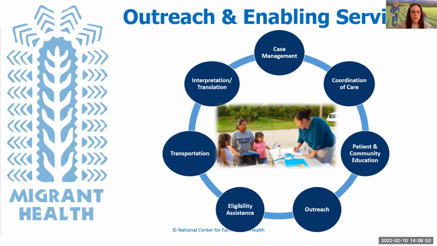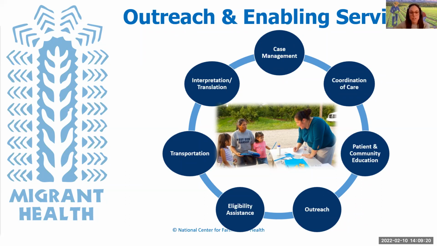So in addition to service delivery, there's outreach and enabling services that are critical to serving this population and to reaching migratory and seasonal ag workers. They help increase access to care for this population. As we discussed earlier, ag workers face many challenges in accessing primary healthcare services due to the hours they work, lack of transportation, et cetera, all those things we discussed.